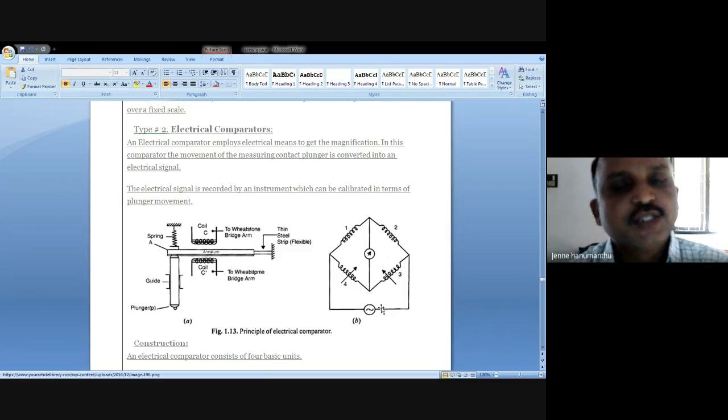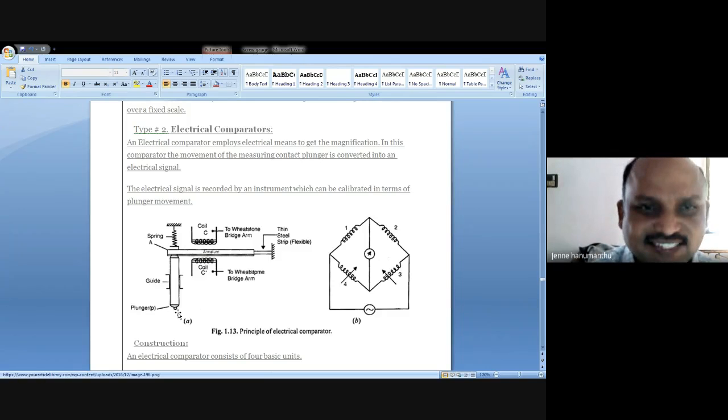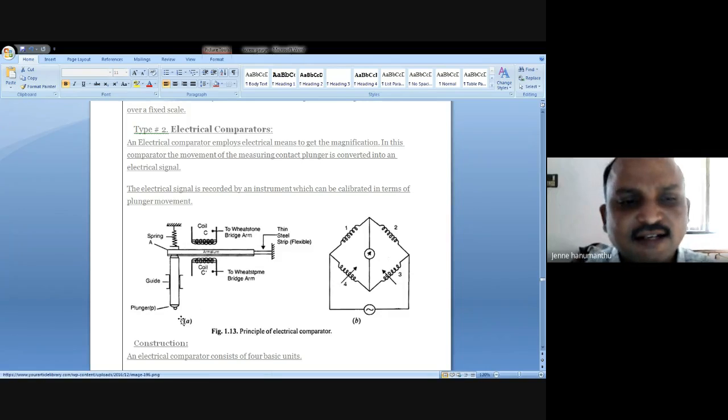For anything other than a smooth surface, the plunger detects smooth to irregular and takes a movement, so the armature moves between the two coils.